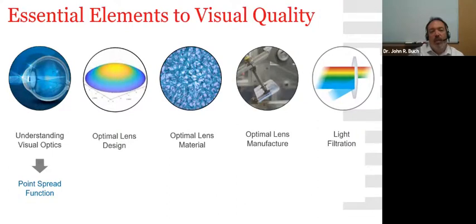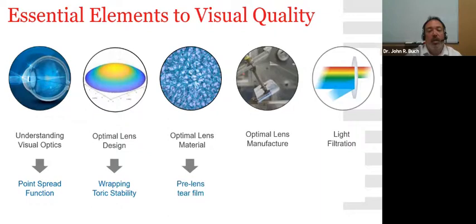We also have to have optimal lens designs, which I will describe in a manner called lens wrapping. It might be new to you. I'll describe how we think about it when we design lenses, as well as the importance of having a stable toric design. Optimal lens material, I will talk to in terms of the pre-lens tear film.